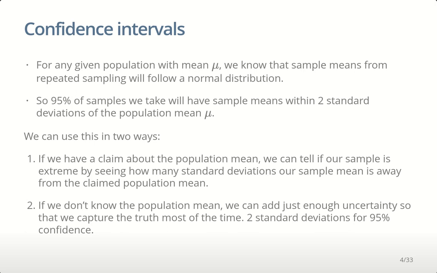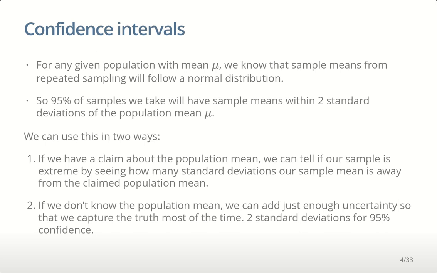Okay, and essentially what we use to do that is knowledge of how sample statistics vary from sample to sample, in particular means. Okay, so we have the central limit theorem that says that for a given population with a given mean mu, we know that the sample means from repeated sampling will follow a normal distribution, right?